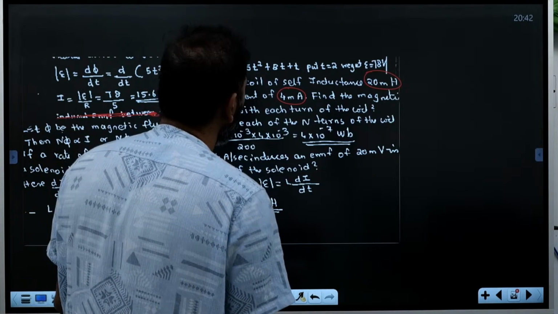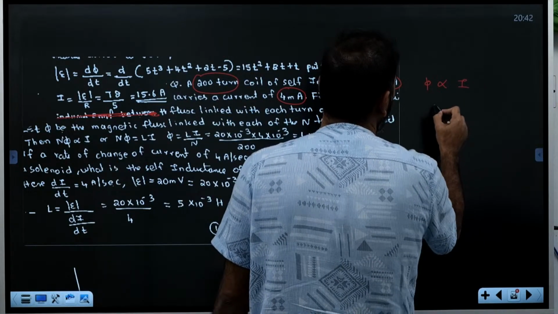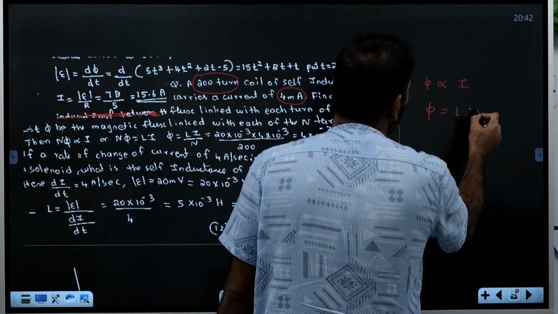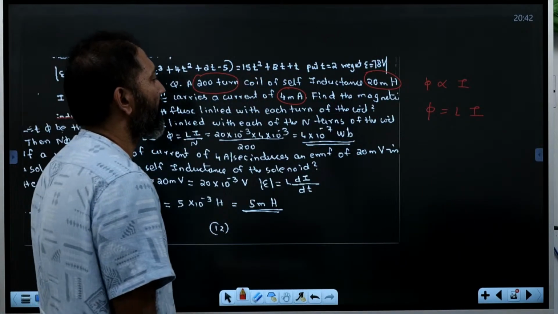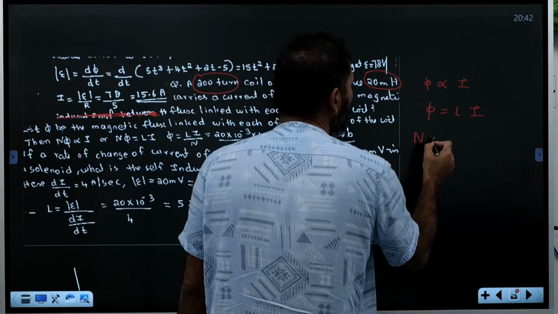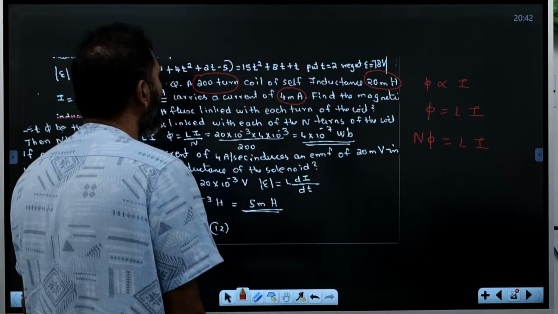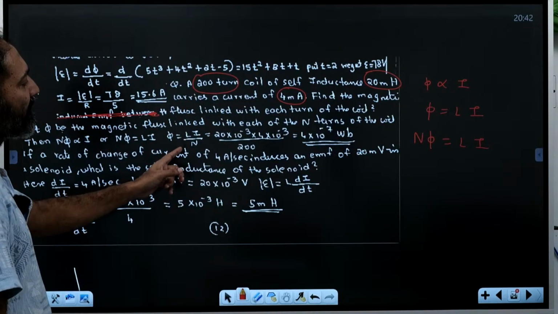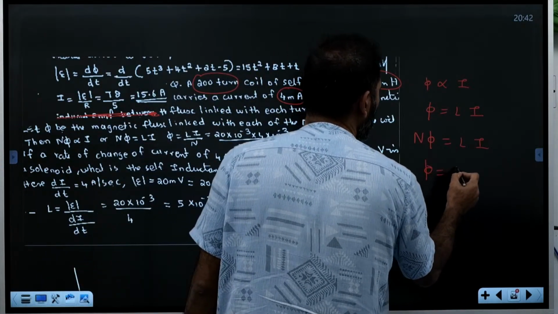Induced EMF is not required. Now remember, magnetic flux phi is directly proportional to current. Phi is equal to Li. Now remember, here there are n turns. So n phi is equal to Li. But what we have to find out? Magnetic flux linked with each turn. So phi is equal to what? Li by n.